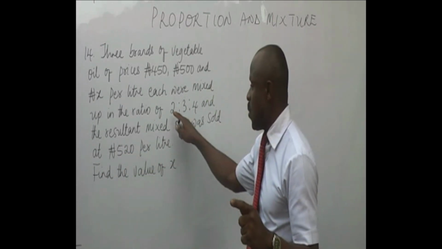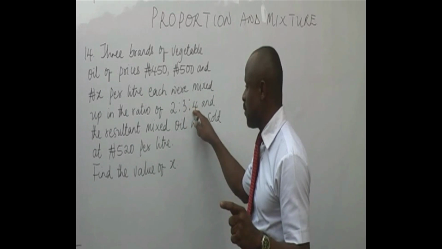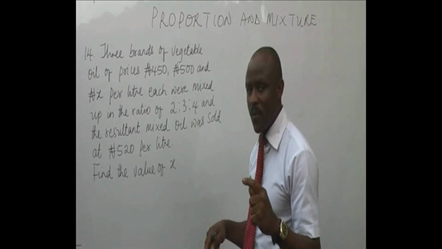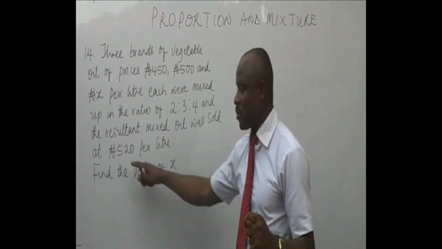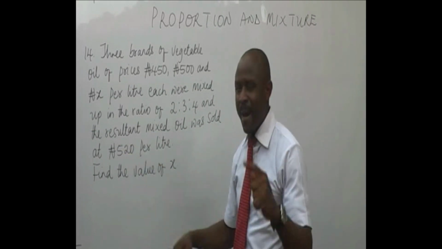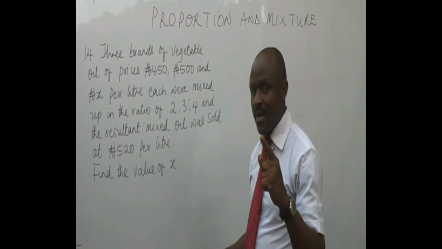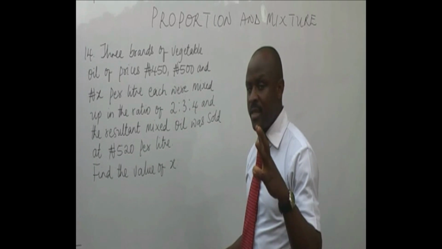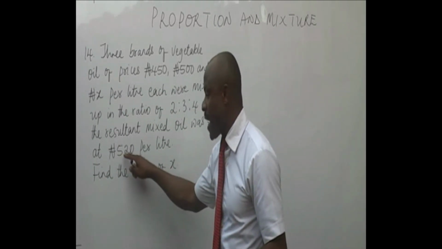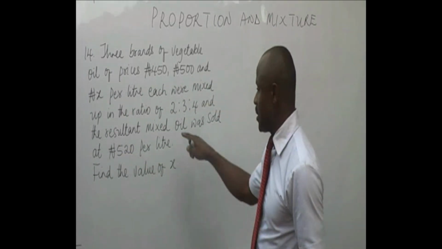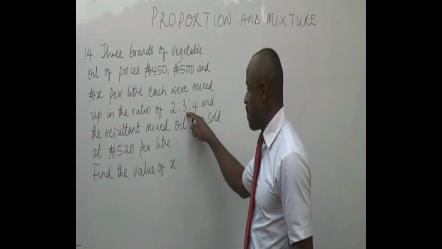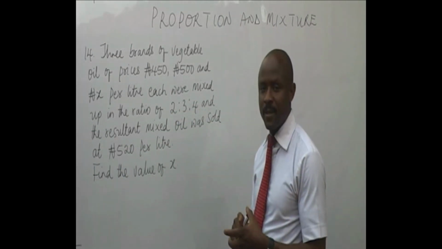Remember, it is 2 plus 3 plus 4 liters now that is being sold for 520 naira per liter. So the selling now is 520 times 2 plus 3 plus 4 liters.